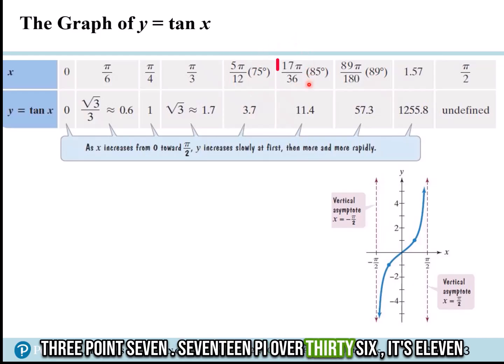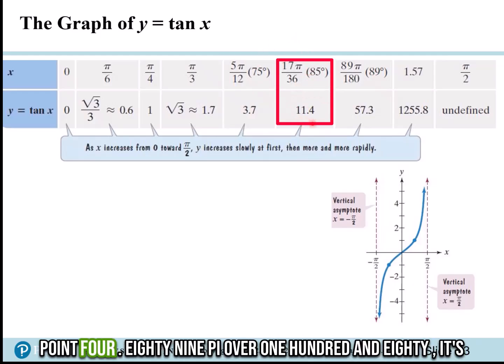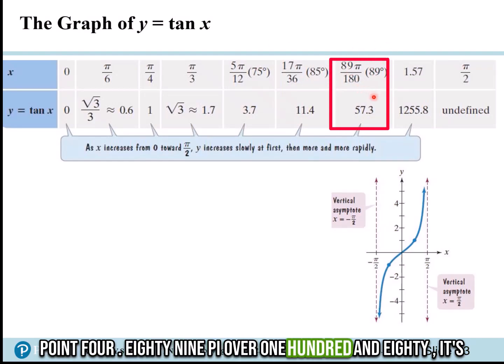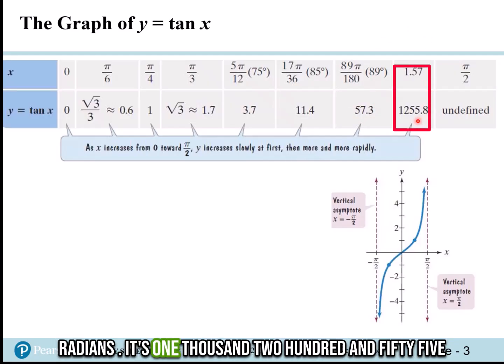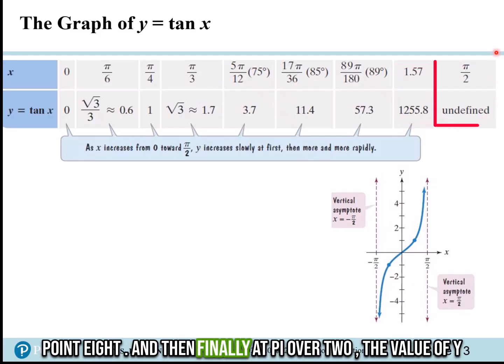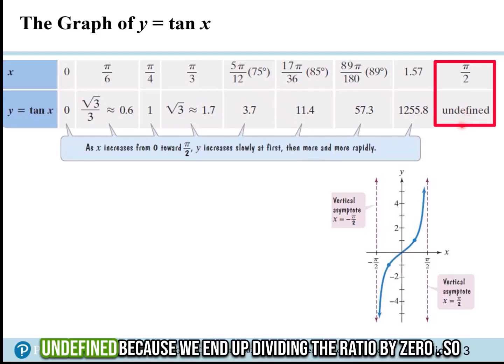At 17 pi over 36, it's 11.4. At 89 pi over 180, it's 57.3. At x equals 1.57 radians, it's 1255.8. And then finally at pi over 2, the value of y becomes undefined because we end up dividing the ratio by 0.